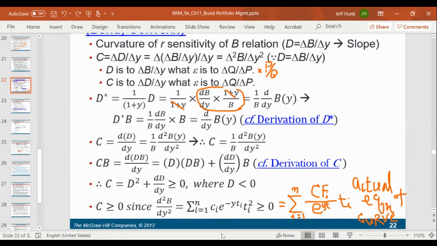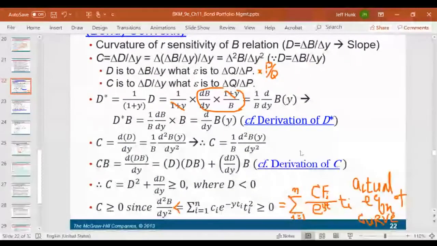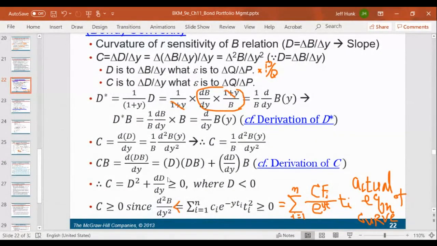This is actually the curvature. Putting an equal sign there is not quite the right thing, but because convexity comes from this, what does this mean? If I rewrite it, I can rewrite it like this.